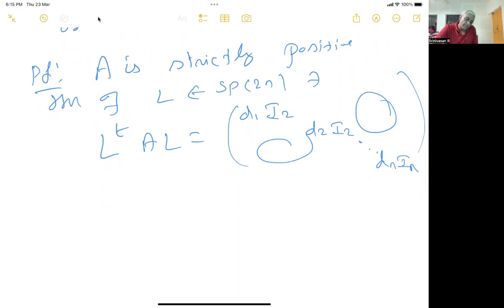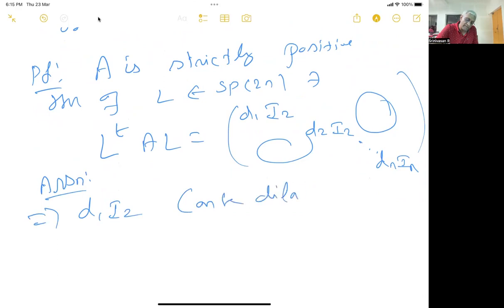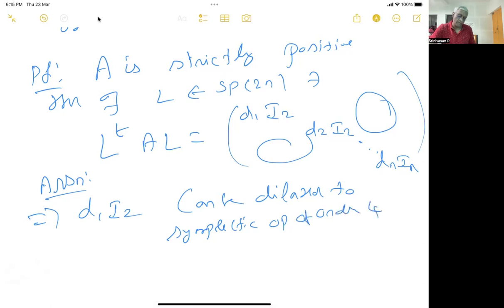Now we know that, so assignment, you have to prove this assignment. The assignment implies D1 I2 can be dilated to a symplectic operator of order 4.